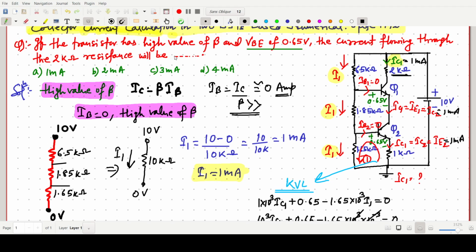So this is a very simple question, but we have to know how to apply KVL. And these three resistances will be in series, because this current will be 0. So we can easily find the value of I1.